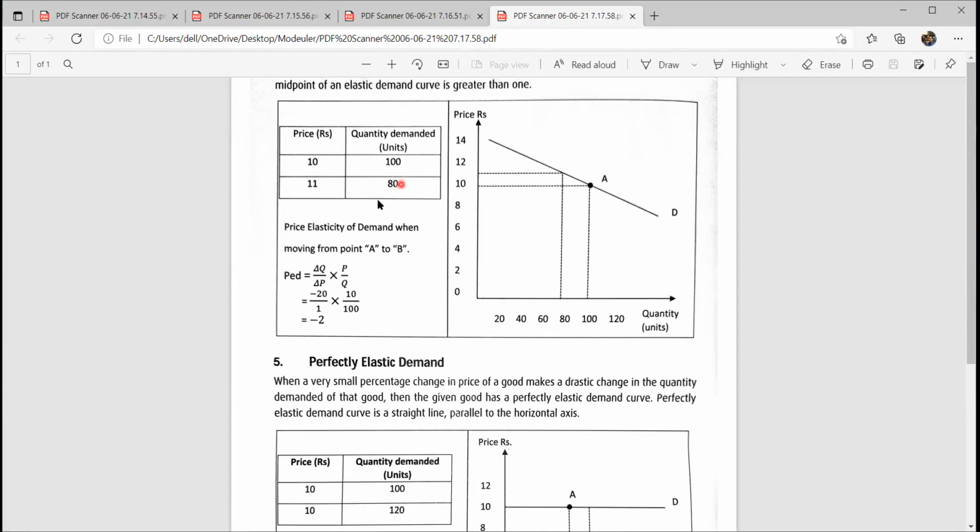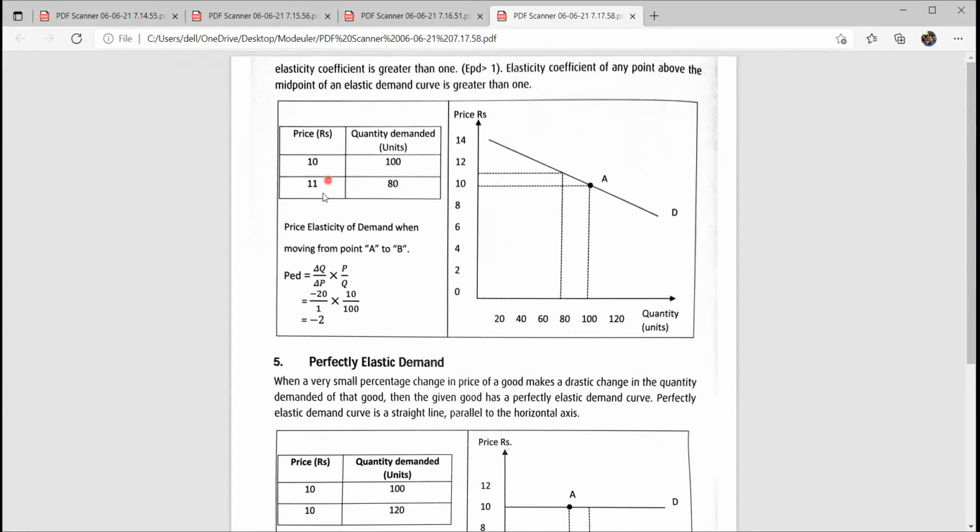In such a response, when the price changed by 10%, quantity demand changed by 20%. So 20 is greater than 10. That's why your answer is 2. So the 2 means the percentage change in quantity due to a 1% change in price. So in this case, the value of PED is always greater than 1.